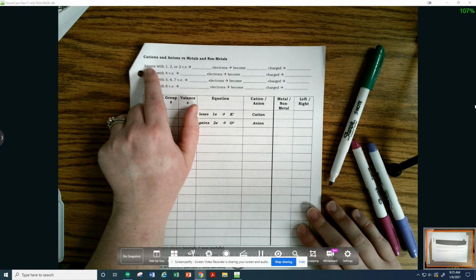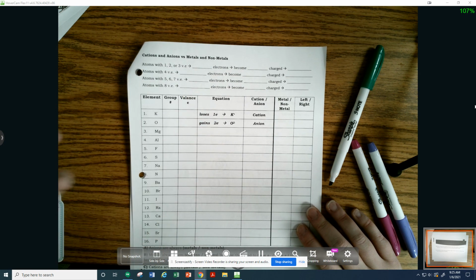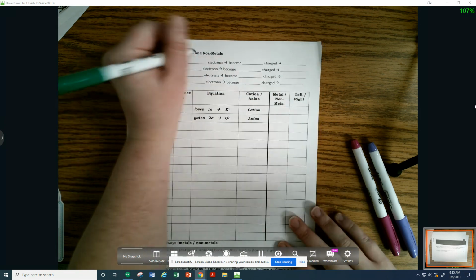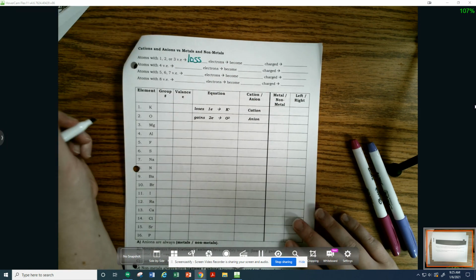And so it asks atoms with 1, 2, or 3 valence electrons. What are they going to do with their electrons? So again, which is easier to get to that octet if you had 1, 2, or 3 valence electrons? Is it easier to gain to get to 8 or lose to get to that 8 from the inner energy level? So these are going to go through a loss of electrons, or they're going to lose electrons.